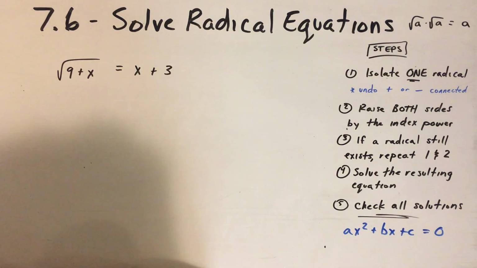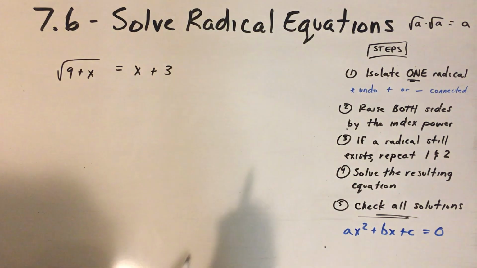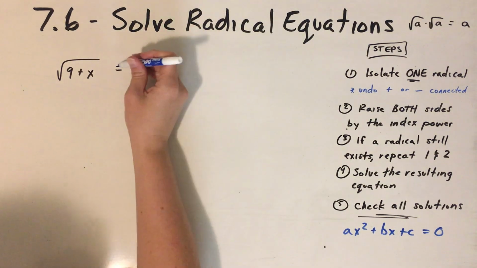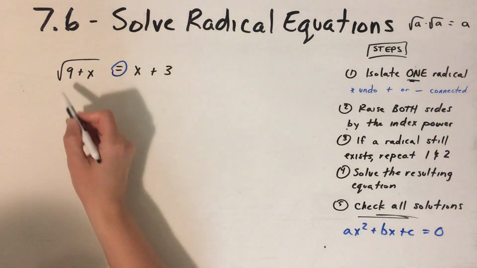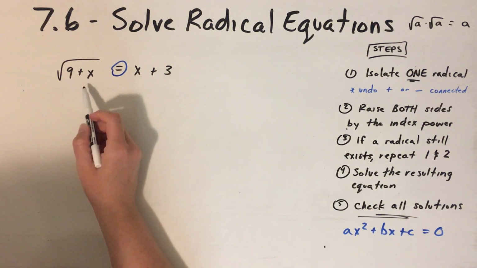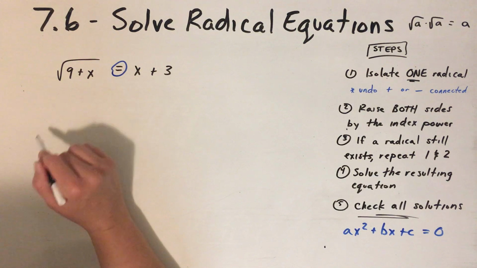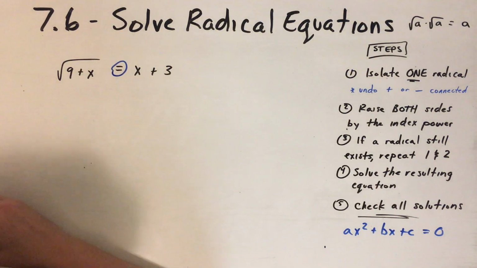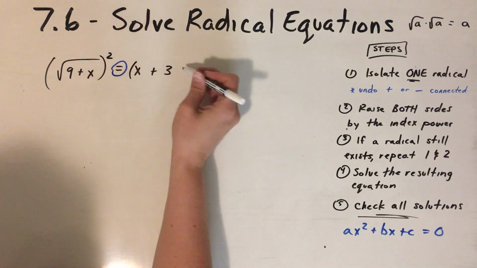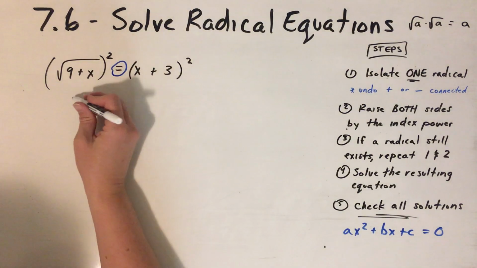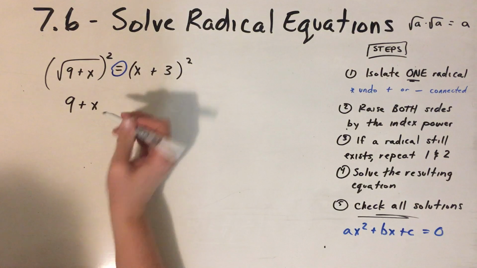As soon as I see that there's a radical in an equation, I'm going to immediately think, got to isolate this radical. Well, this radical is already isolated. There's nothing connected to it through addition or subtraction. So then I'm going to raise both sides to the power of the index. I'm going to square this side and I'm going to square this side. So here I'm just going to get the radicand.